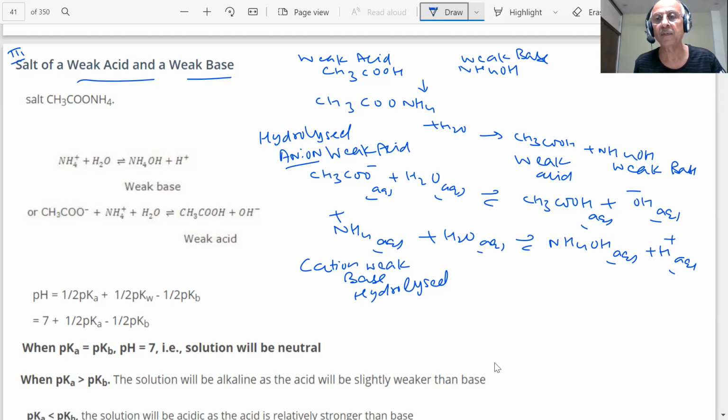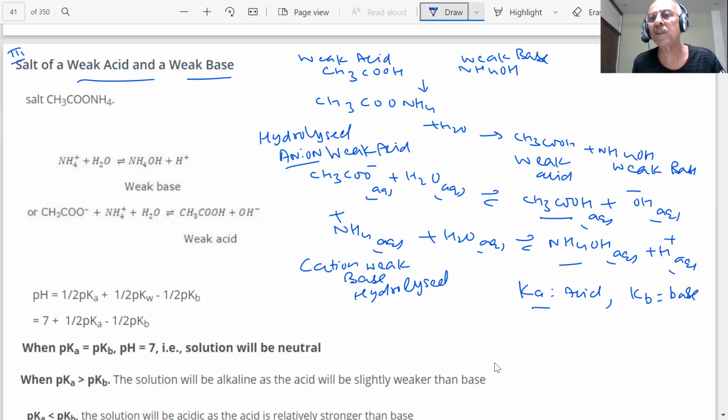It will be less than 7. How do I know? It will depend on the two things, one acid and one base. The question is, what is the Ka of the acid and what is the Kb of the base?